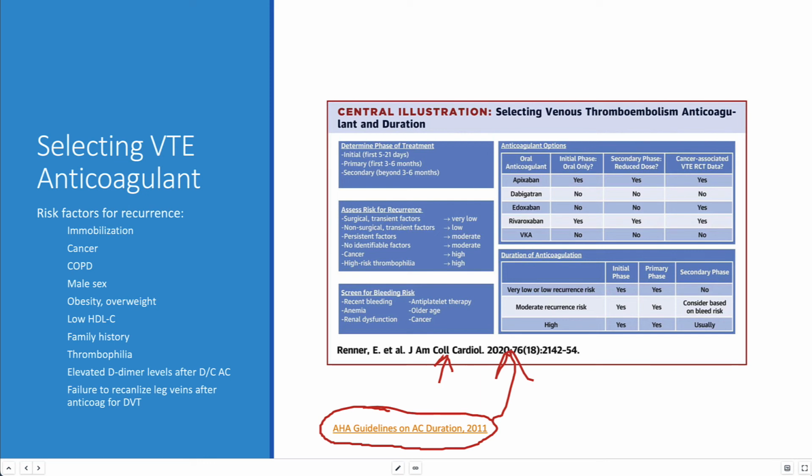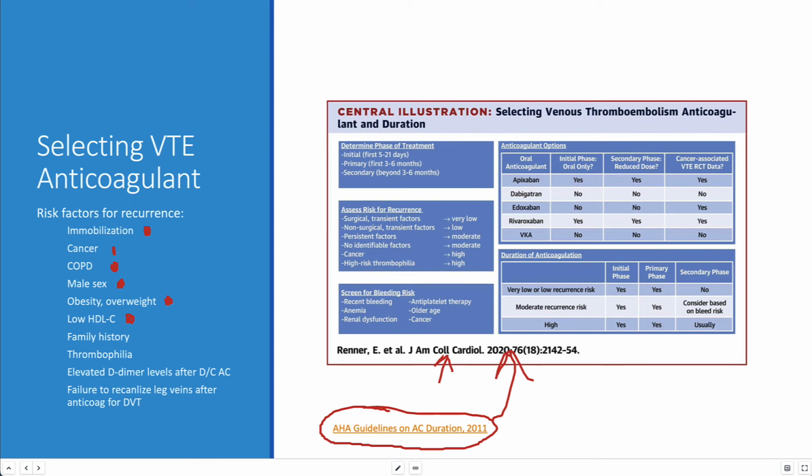So essentially, we use anticoagulation for VTE for patients who have a high risk of recurrence, like they're immobile, or they have cancer, or they have COPD, or they're men, overweight, low HDL. I don't understand that one, and I didn't read enough to figure out why. I don't know if anybody knows why.